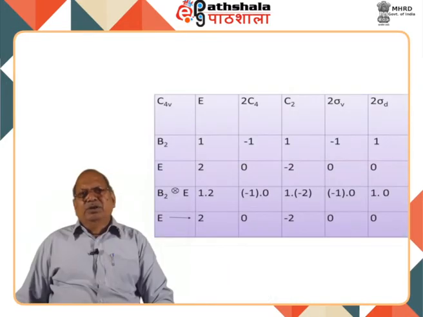This direct product of B2 into E gives me the characters as 2, 0, minus 2, 0, 0. These characters correspond to E irreducible representation, which is two-dimensional in nature. In this case, it is the same degenerate representation as there is no other degenerate representation in the point group.